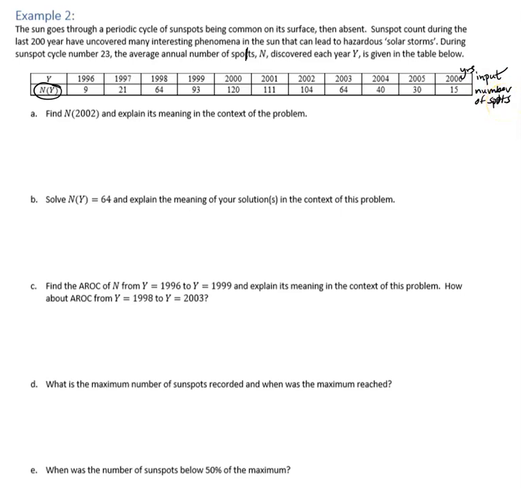There we go. Okay, so we want to find n of 2002 and explain its meaning in the context of the problem. Okay, so we're being given the y is 2002. Y is what goes in the parentheses, right? So we want to say, okay, we know the y is 2002. What is the n of y?